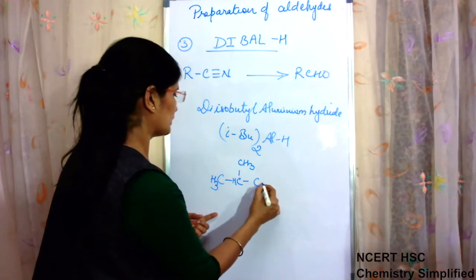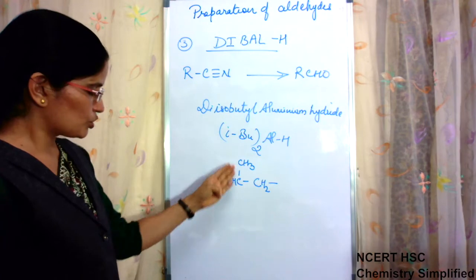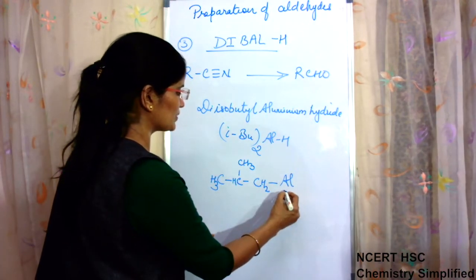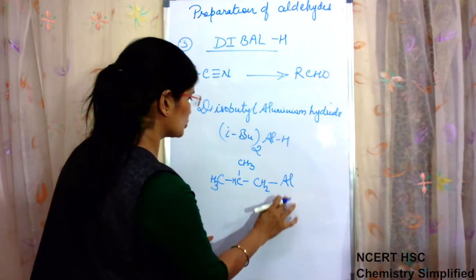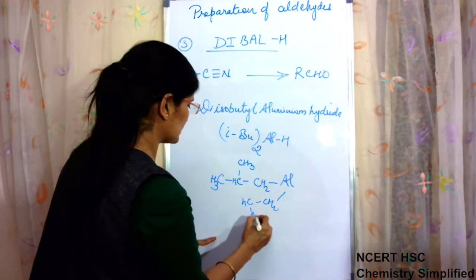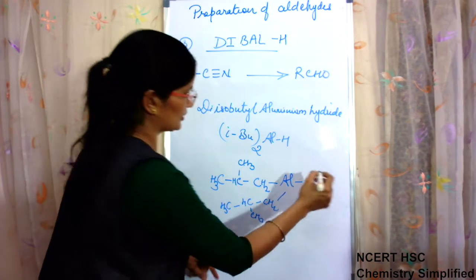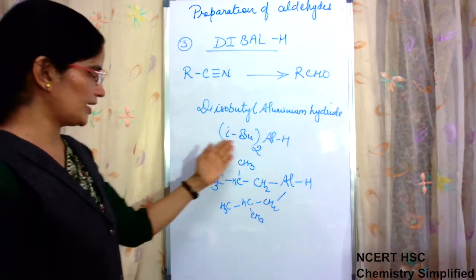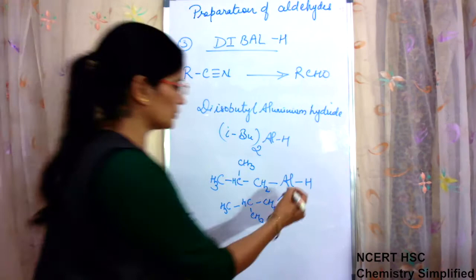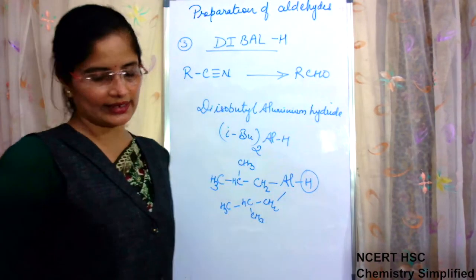CH and CH2. This is isobutyl. So two such groups are bonded to aluminum because aluminum is trivalent. So one more such group, CH2, CH, CH3, CH3 and H. This is diisobutyl aluminium hydride, which is a reducing agent. This H will help in the reduction of nitriles to aldehyde.